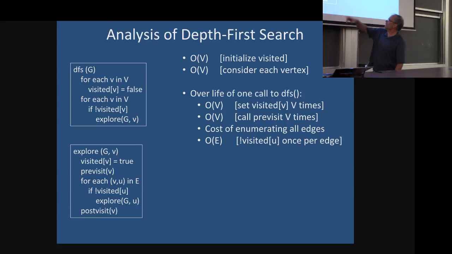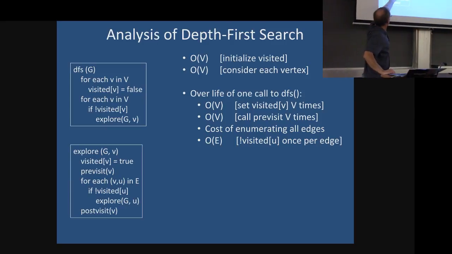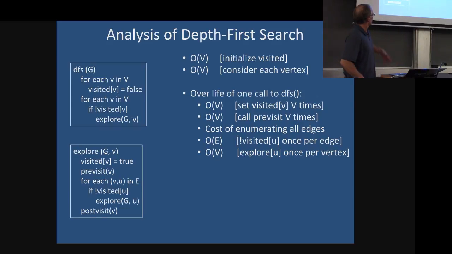Every time we find an edge, we see if its endpoint has been visited. We find an edge from V to U, we see if its endpoint's been visited. So over the entire life of the algorithm, we'll identify all the edges and see if the endpoint has been visited. So that's O of E. Okay?